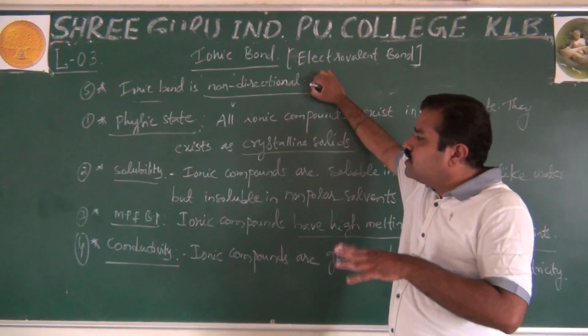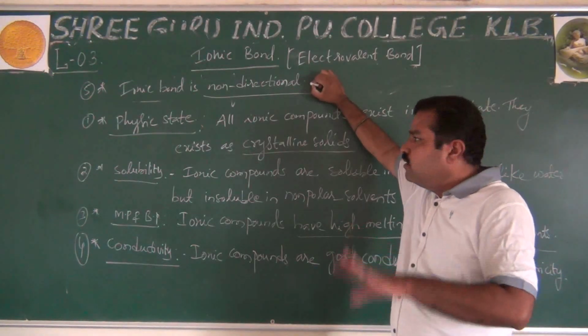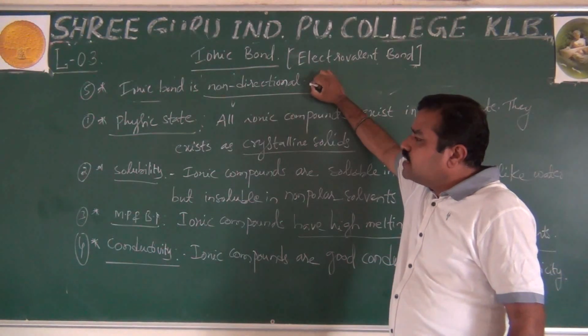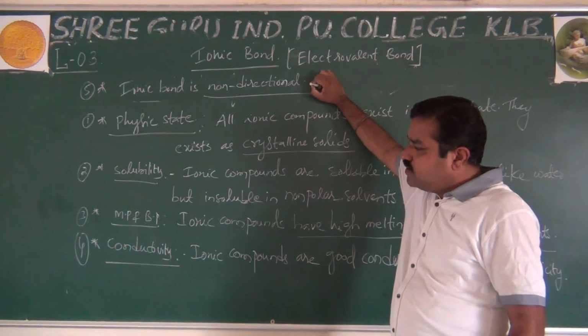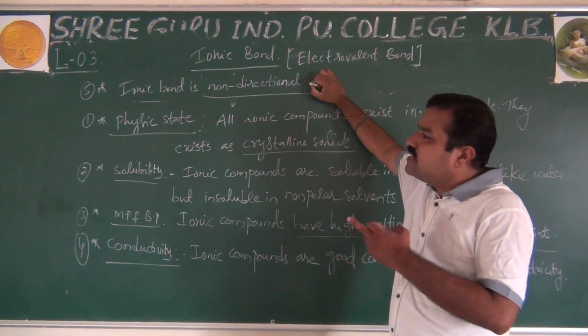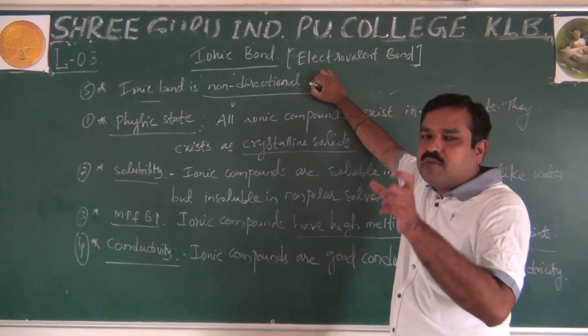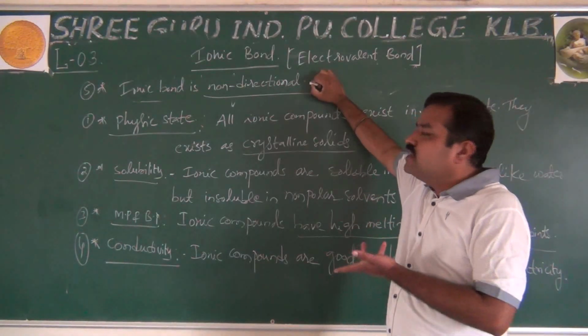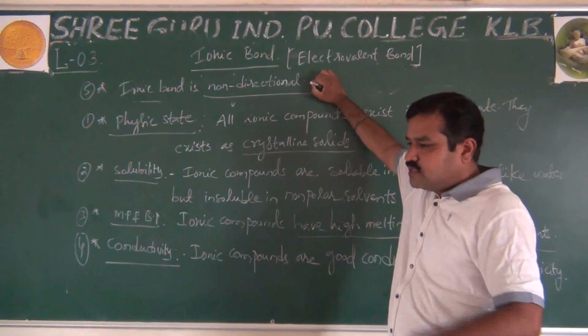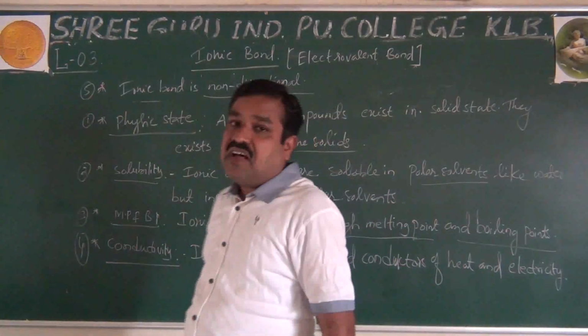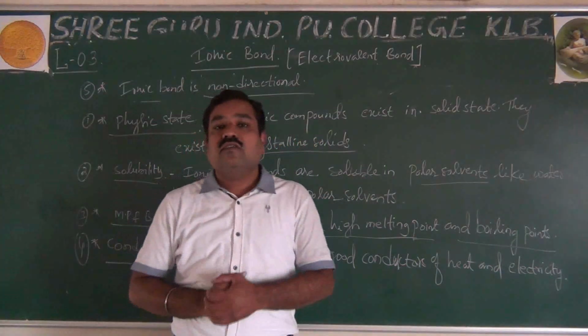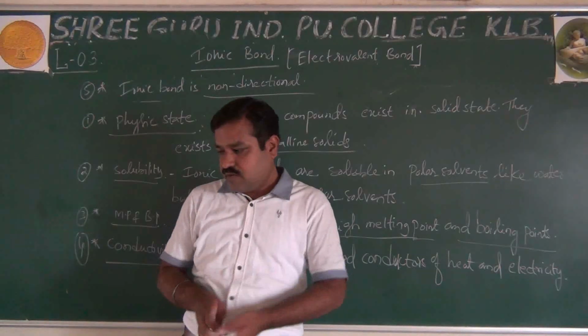If they ask for 2 marks, you can write any 4. Very easy to remember. Physical state, solubility, melting point and boiling point, conductivity, and directionality of the bond. Like this, you can remember characteristics. Then you can easily write it. This is about characteristics of ionic compounds.